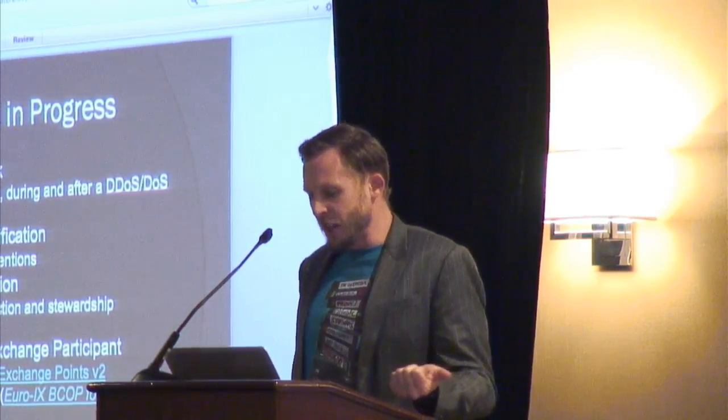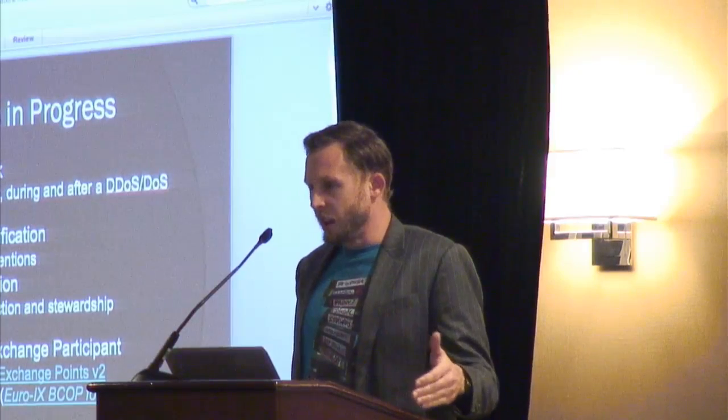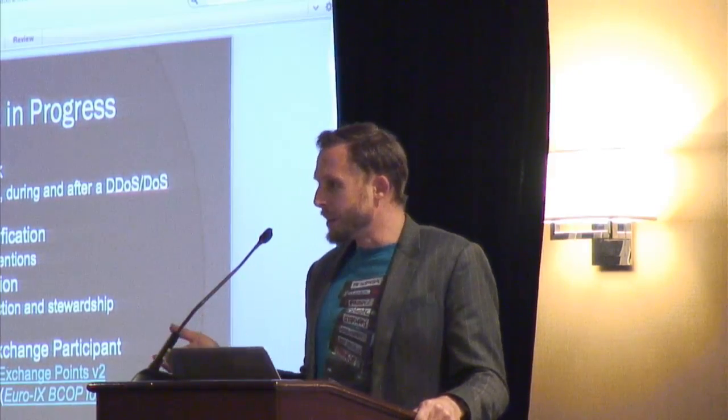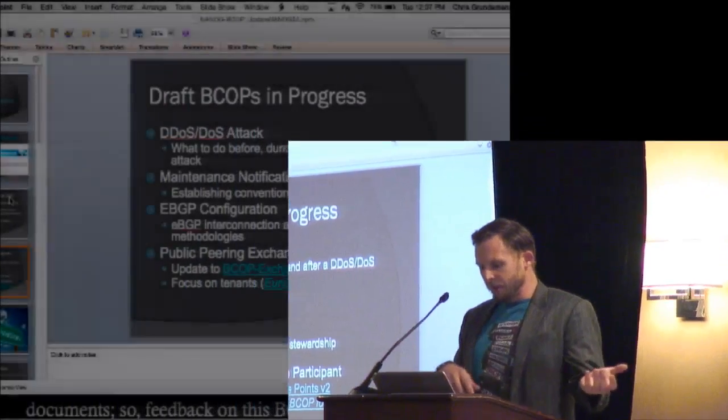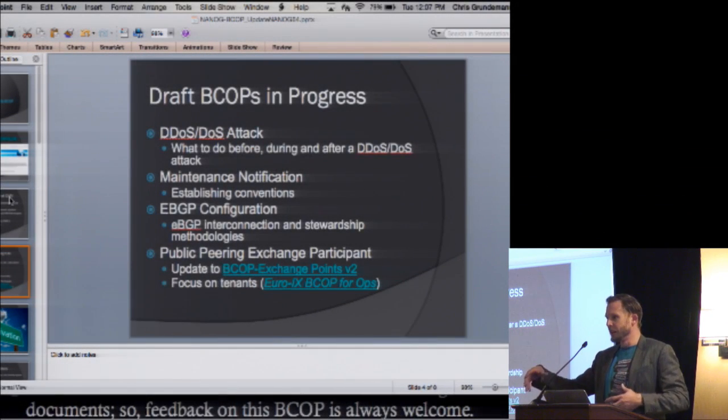The public peering exchange participant is another one that's kind of moving along. Basically, we updated an older document that talked about both how to set up an exchange and also how to participate in one, a little bit of both sides of it. And we decided to split that out in this second version. So this is one of the first documents where we've really seen the living document part happen, where we took a document that we wrote, said, well, we can do better.